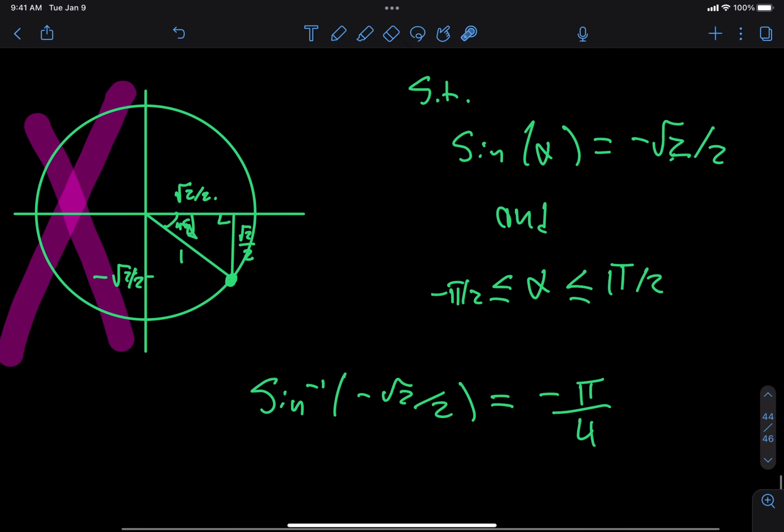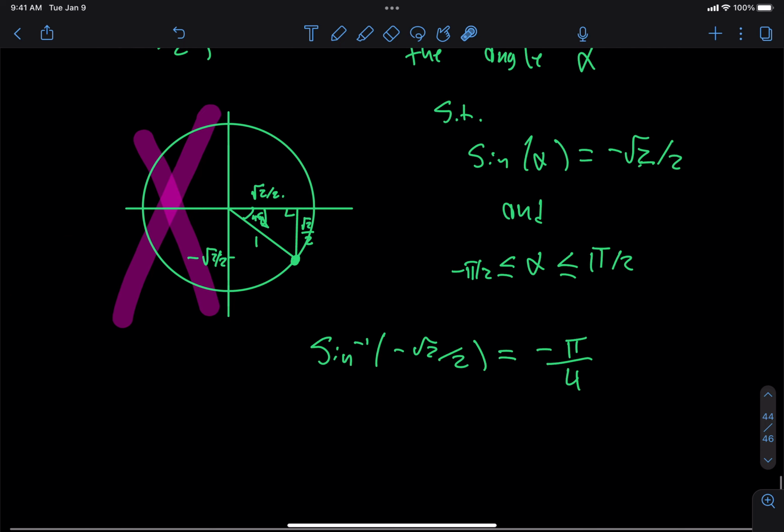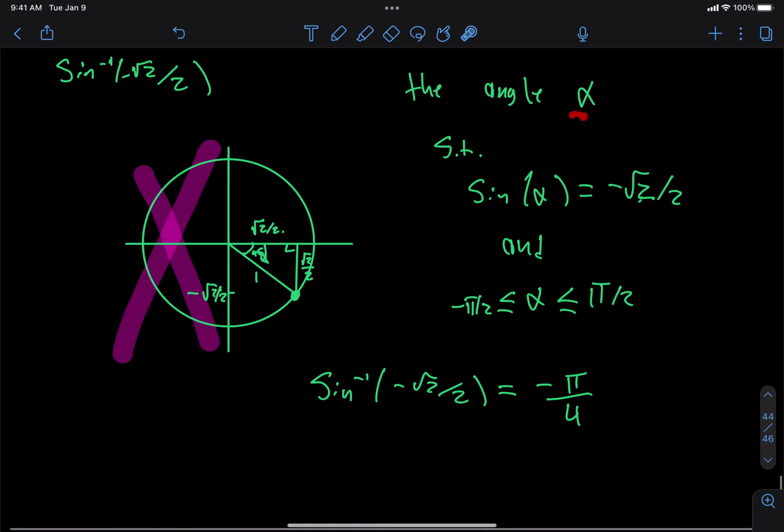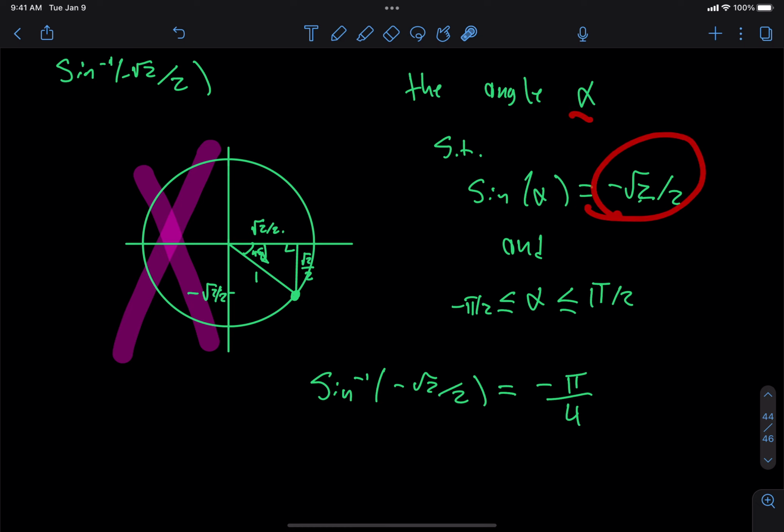But once we know that these two side lengths are the same, and this one is equal to the length of the other two times the square root of 2, then we can recognize that this must be a 45, 45, 90 triangle. This is a 90-degree angle, and the other ones are 45, which means that the angle alpha, which produces this value when you plug it in to the sine function, should be the angle negative 45 degrees.